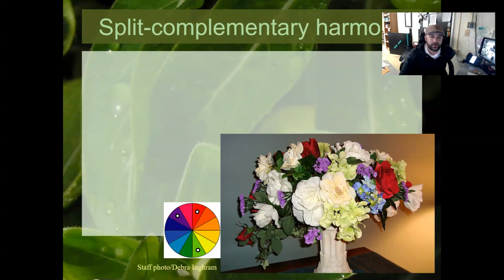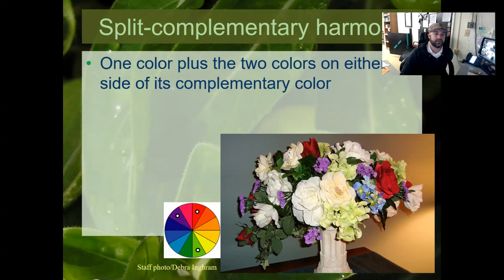Split complementary harmony. This is one color plus the two colors on either side of its complementary color. So if you have a green as shown below, your complementary color would be a pink or red. If you're looking at that pink spectrum, you're probably going to have a purple or violet and a red hue in there.